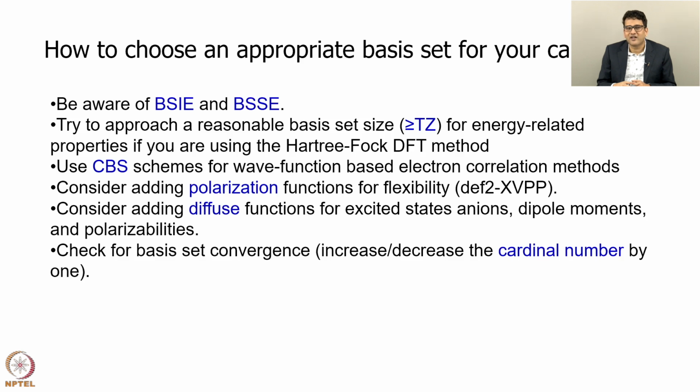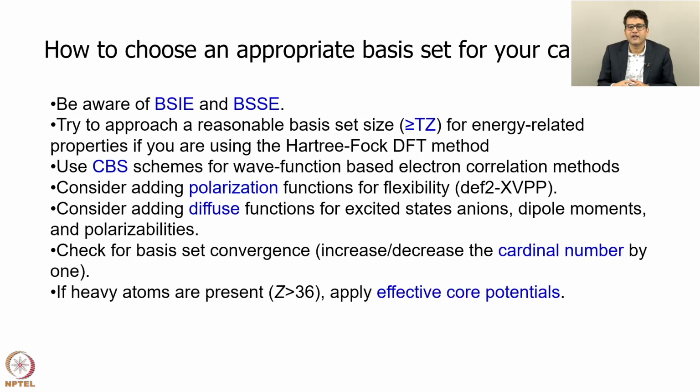If going from double zeta to triple zeta to quadruple zeta changes the result qualitatively, that essentially means your calculation has not converged with respect to the basis set. So you need to do some kind of extrapolation, or think of a bigger basis set to get a more accurate result. You should not trust your results if they change very rapidly with the change in the cardinal number.